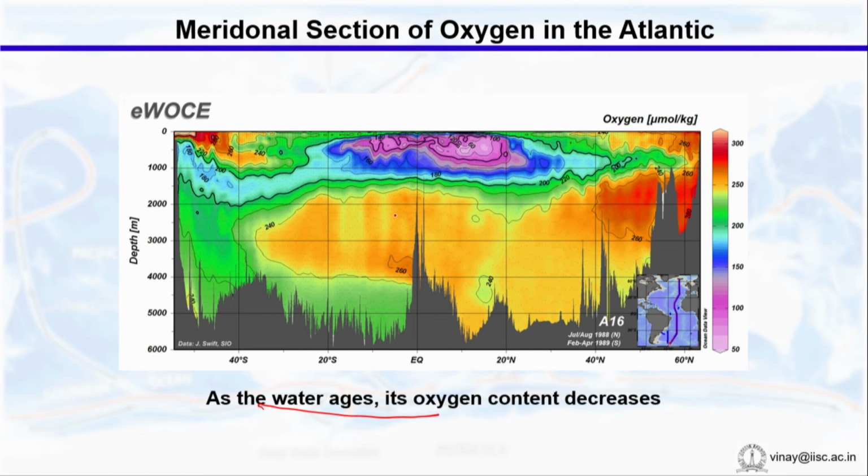As you go progressively towards south, the concentration of oxygen in the water is less and less. This is evidence of water with high oxygen concentration at the surface sinking to depths of about 2000 to 3000 meters and spreading all the way to the southern hemisphere.